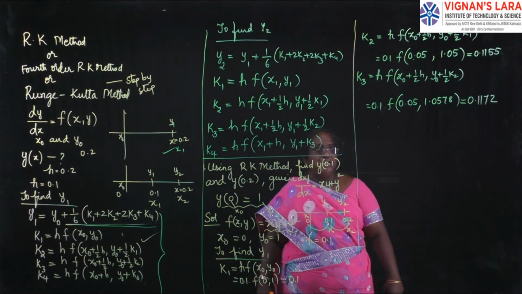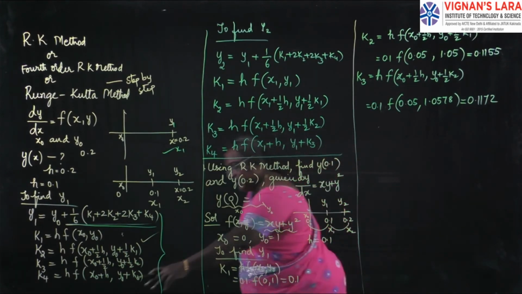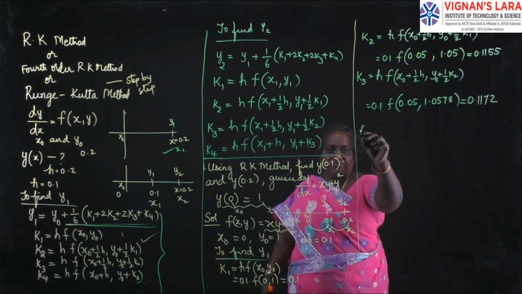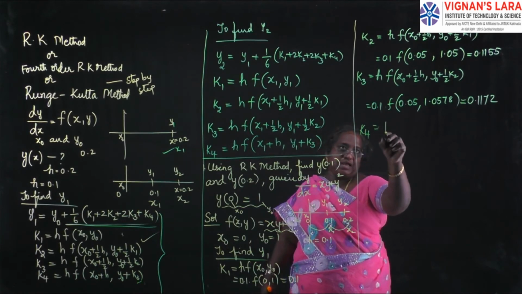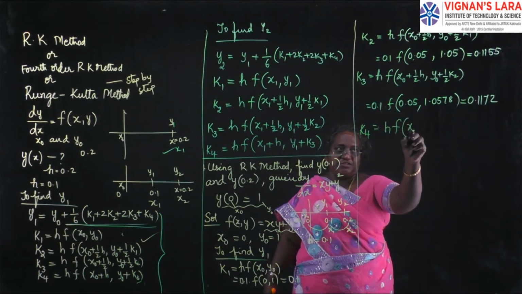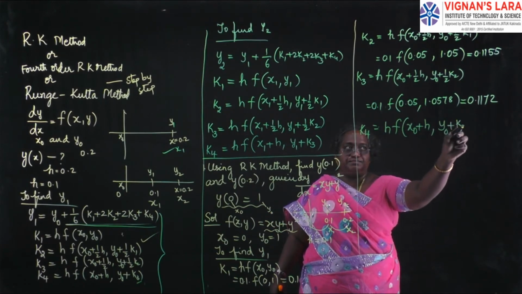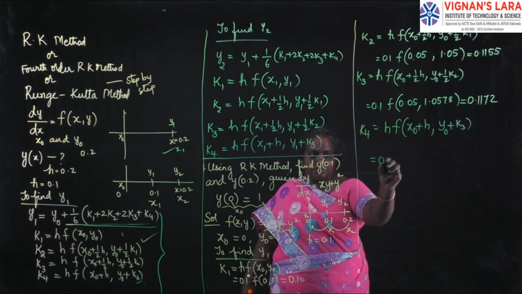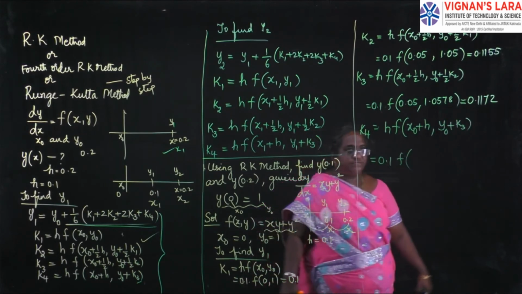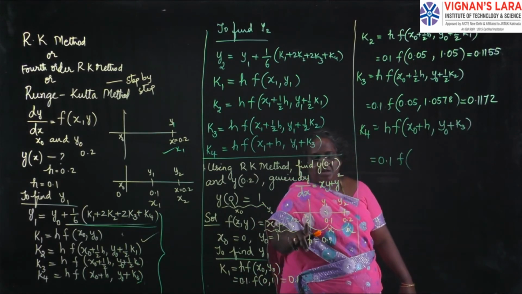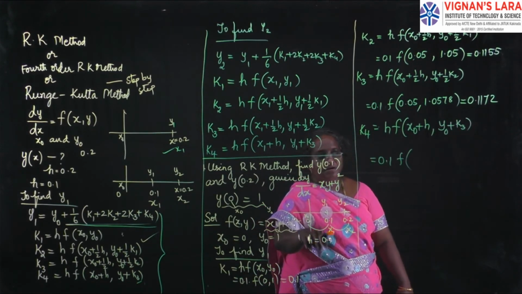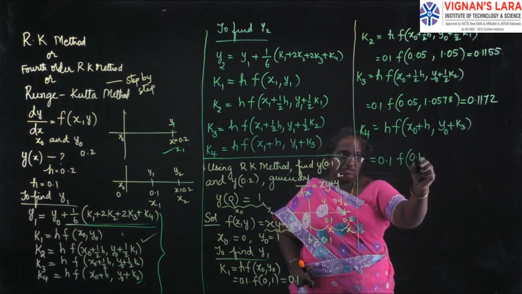Next, we have to calculate K4. K4 is equal to h into f of x naught plus h and y naught plus k3. So what is our h? 0.1 into f of x naught plus h. X naught is 0, h is 0.1. So x naught plus h is nothing but x1. x1 is 0.1.